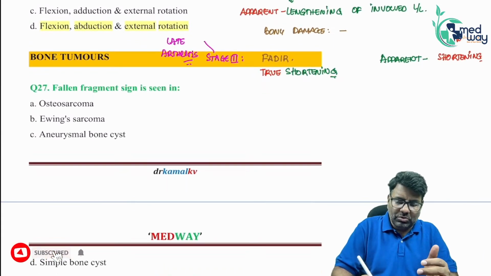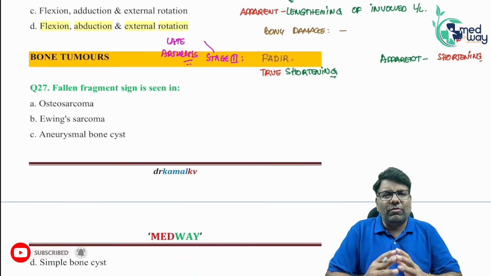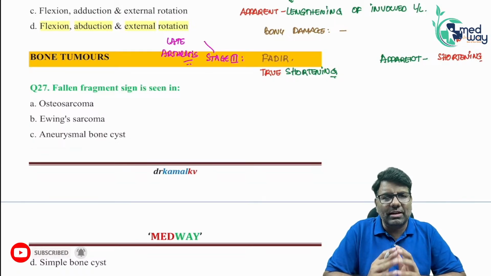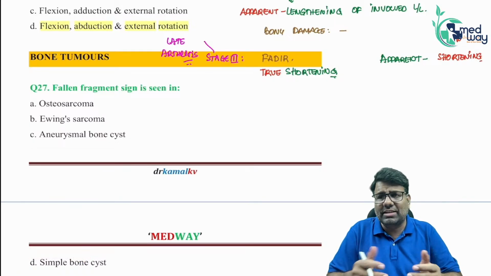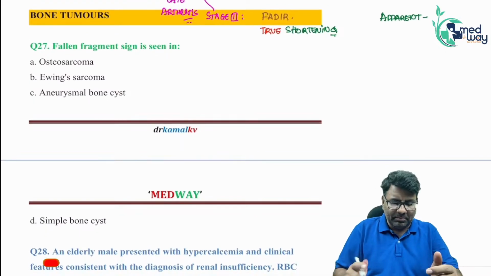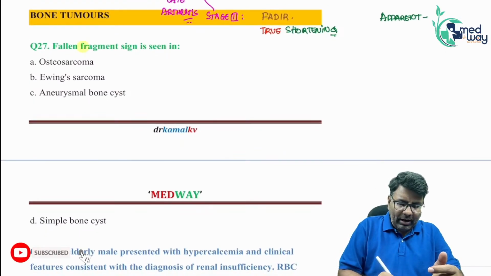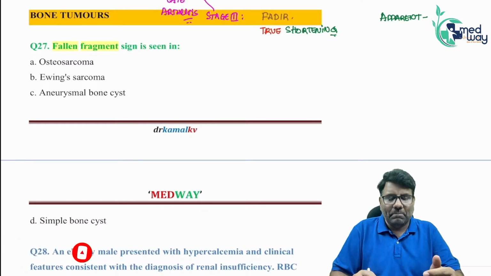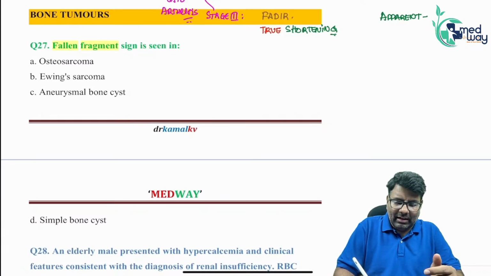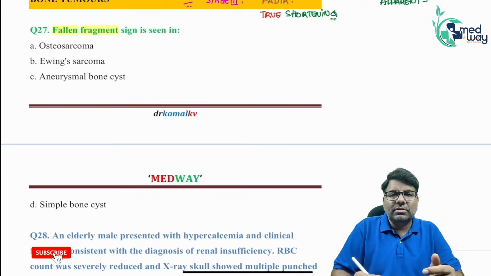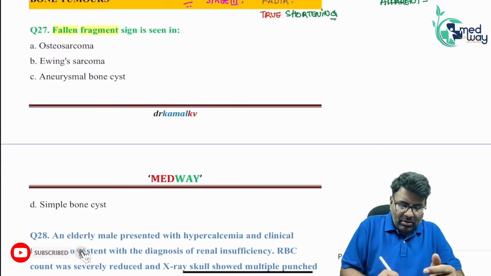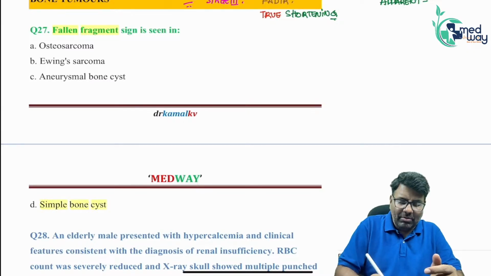Then moving forward to a very important segment from which we have questions almost every year, almost in every exam, and that is bony tumors. So, the fallen fragment sign. Now this is seen in which condition? The fallen fragment sign is seen in simple bony cyst, also known as unicameral bony cyst.